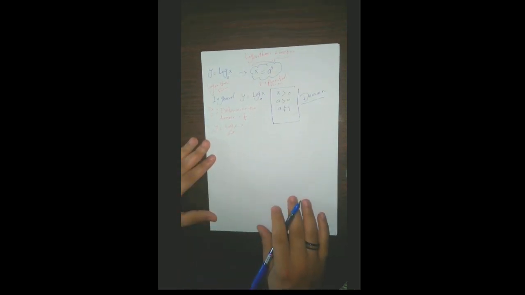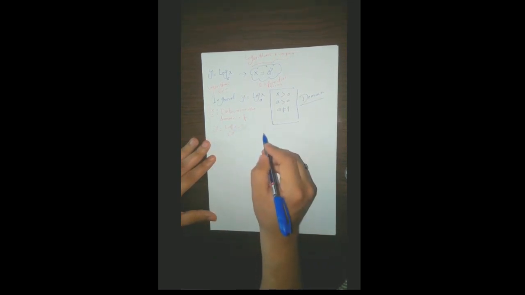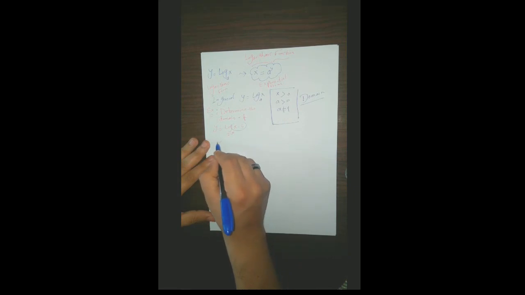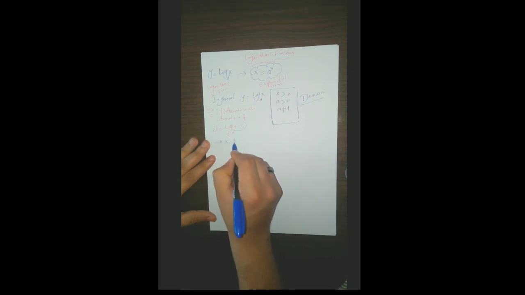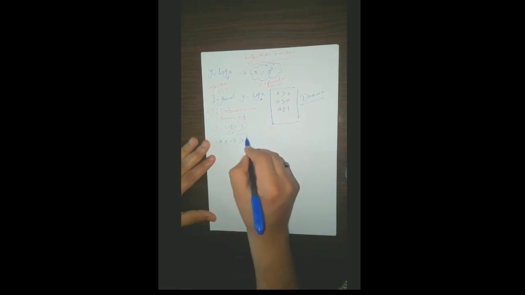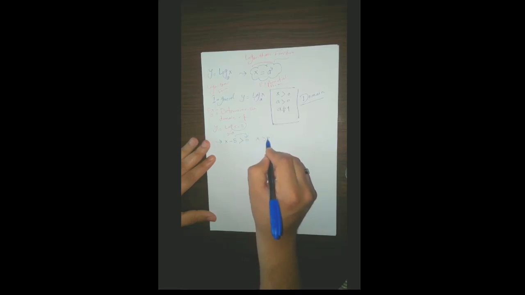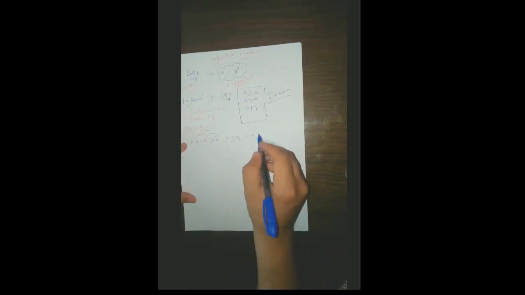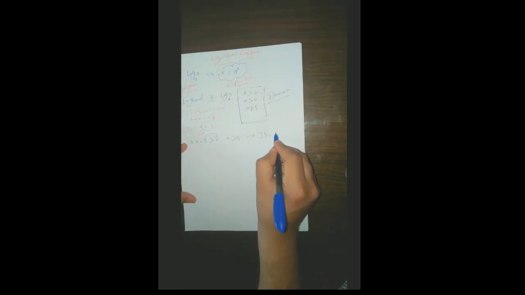Here we have the three conditions. Number one, x minus 5 must be greater than 0. Here we have x greater than 5, and the interval is from 5 to infinity, an open interval.